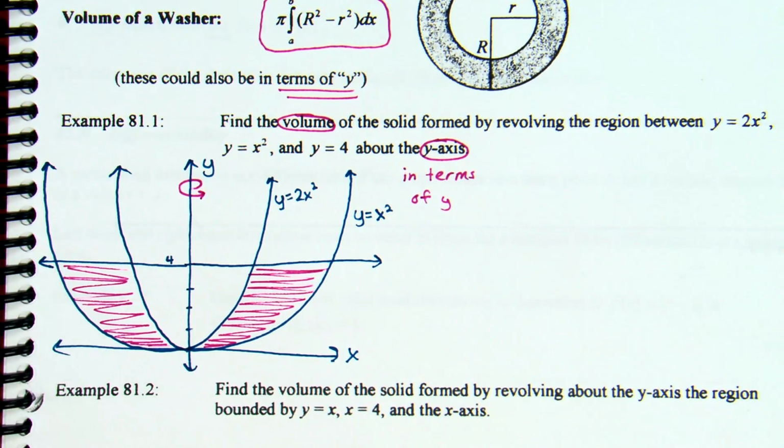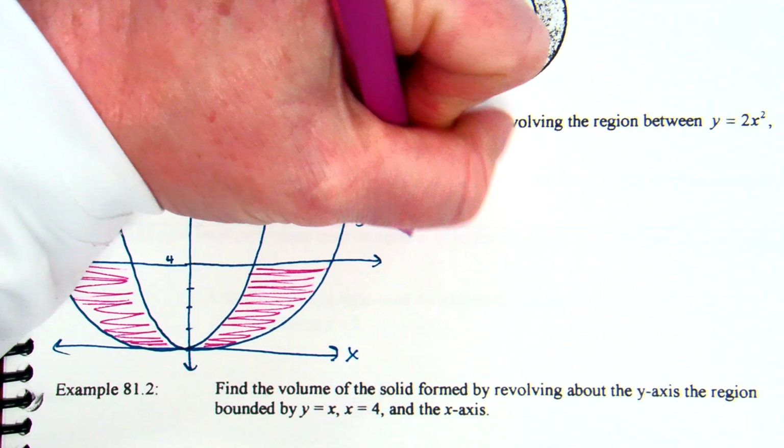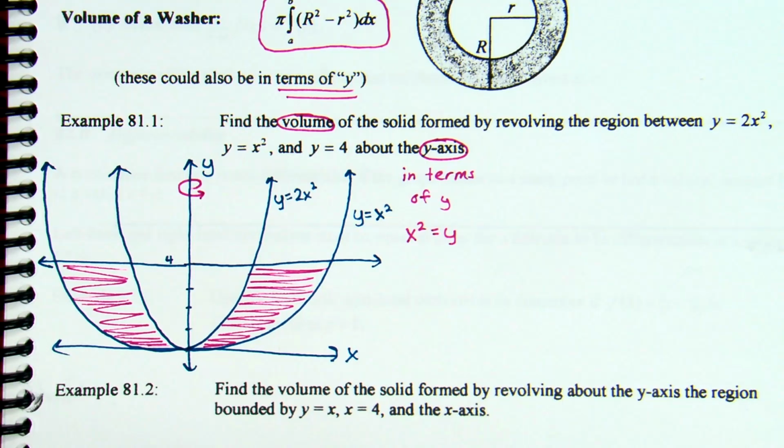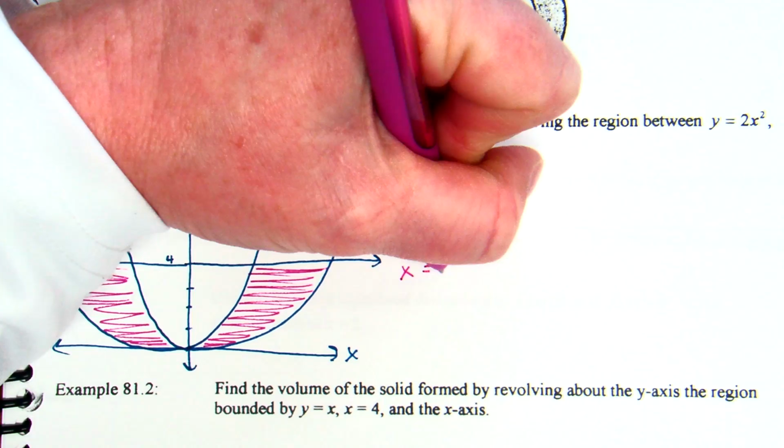Okay, we said we want these in terms of y, yes? So let's go ahead and solve these real quick. If it's x squared equals y, what is that when you solve it? About x equals, officially it says plus or minus the square root of y.